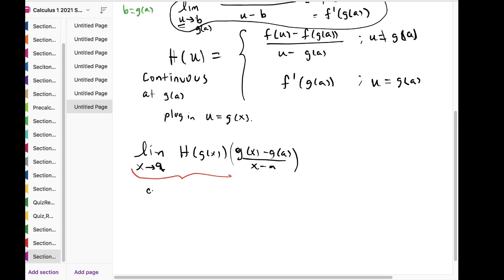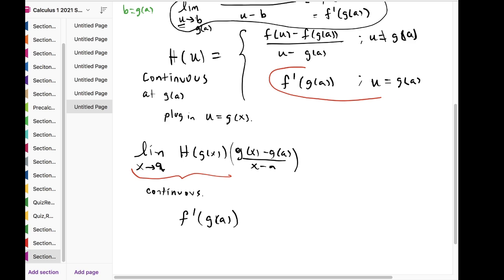What can you do to continuous functions for limits? If you know it's continuous, what can you do? You can just plug in the point, right? When a function is continuous, you can just plug it in. So what is it at a?